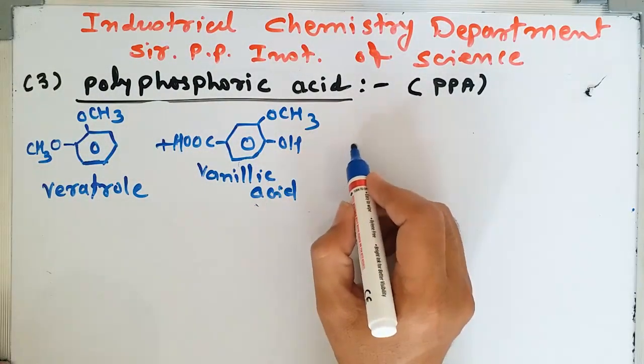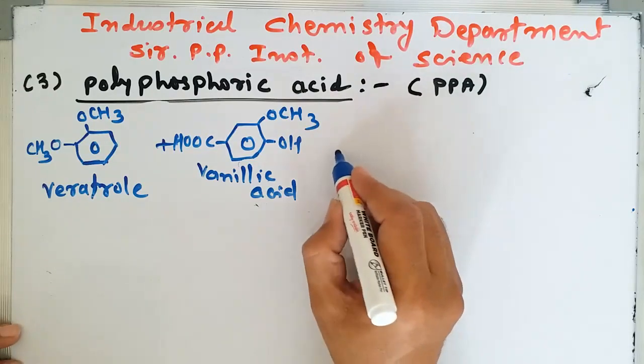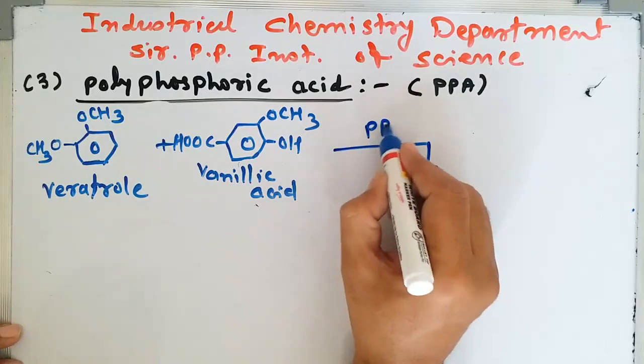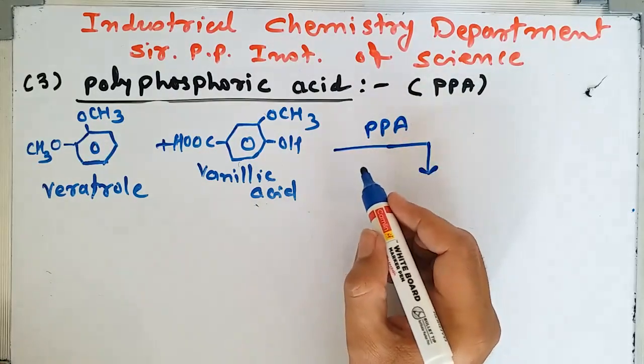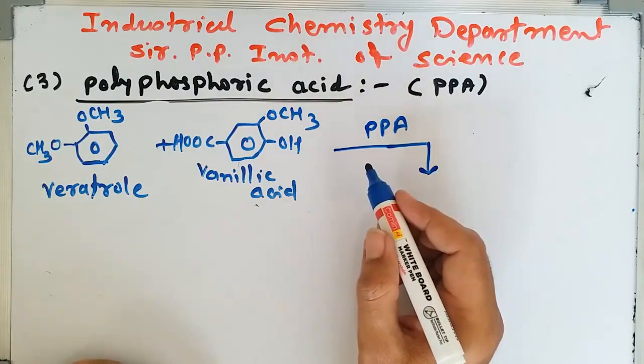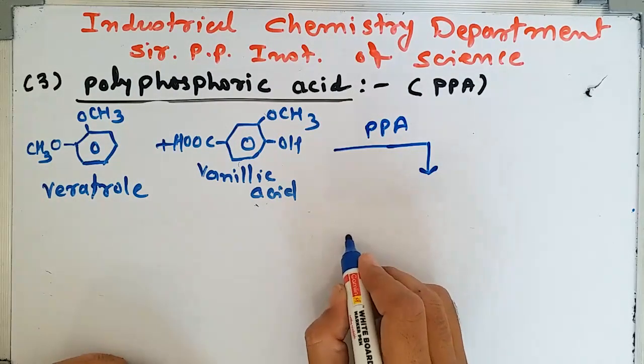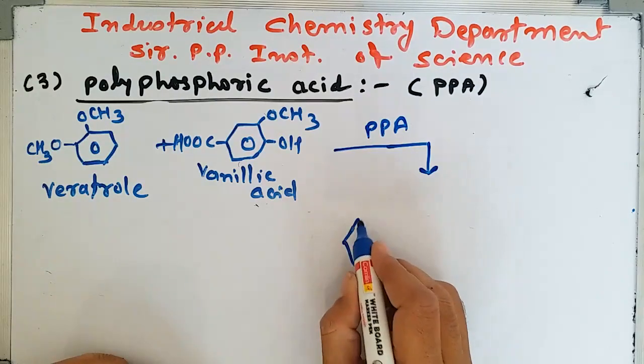With the help of polyphosphoric acid, we get a derivative of benzophenone.